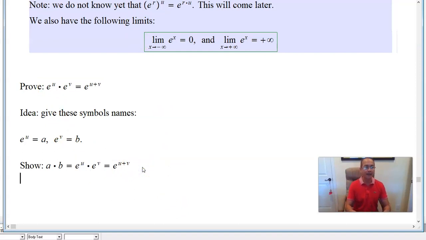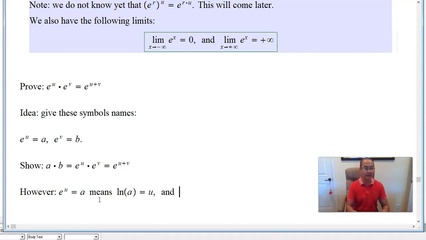Okay. However, what do we know about these symbols? Okay, so e to the u equals a means the same thing, that ln of a must be u. And what about the other equation?